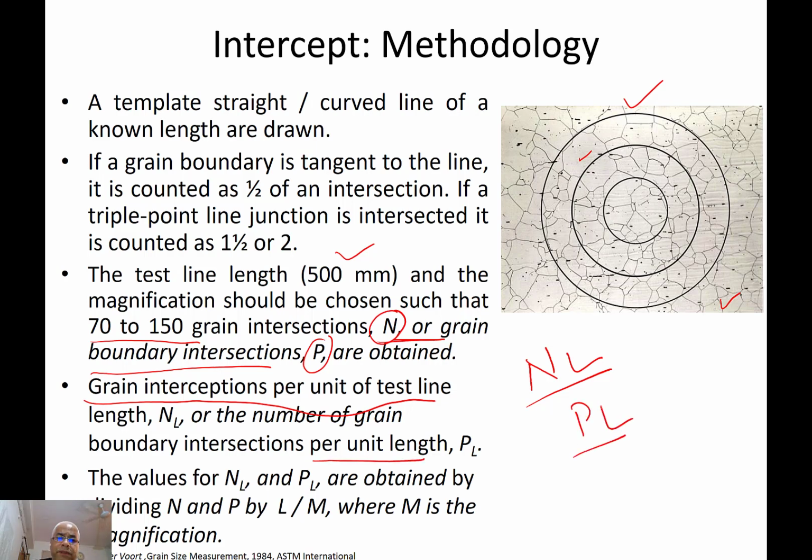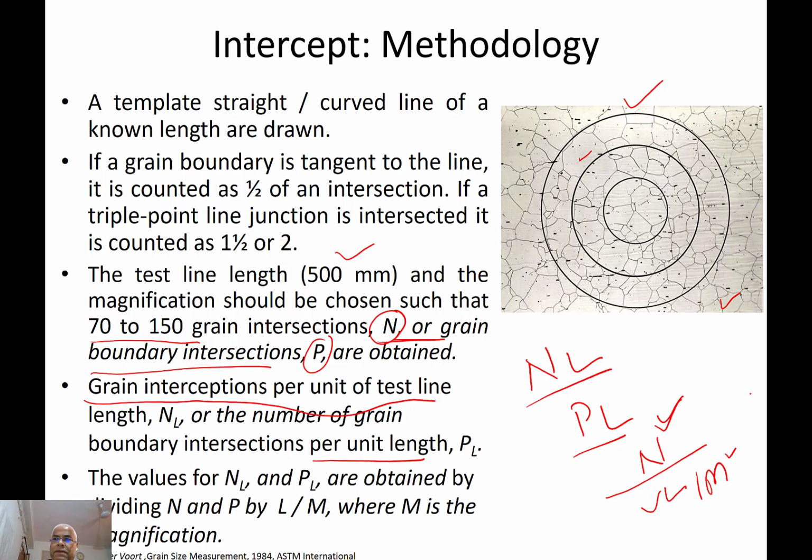And the methodology is simple. N is the number of grain interceptions counted for a given test length, and then this N is divided by L, the test line length, and magnification. So N is the number of grain interceptions counted, L is the test line length, and M is the magnification.